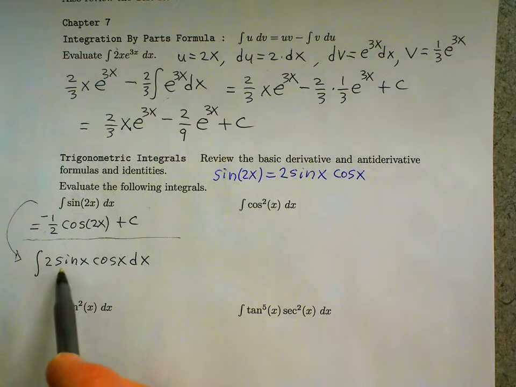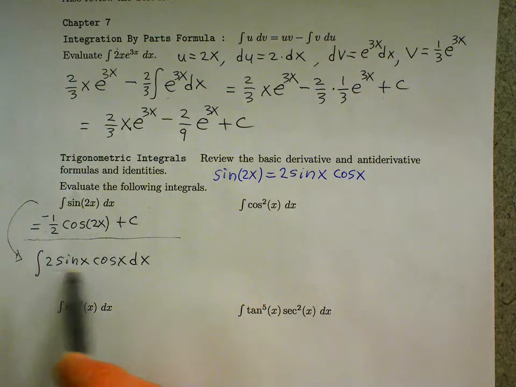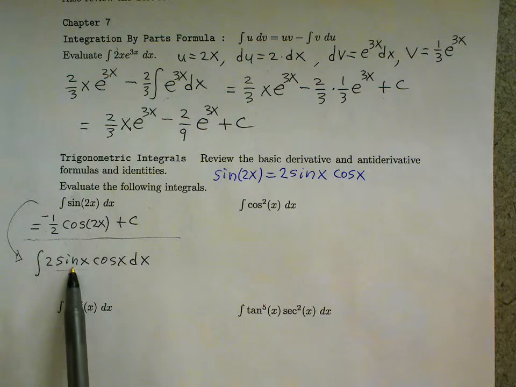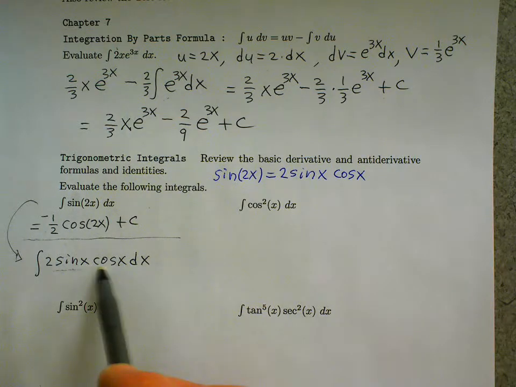And one reason for picking this is if we use the substitution rule, just pick u to be sine of x, then du is cosine of x dx.